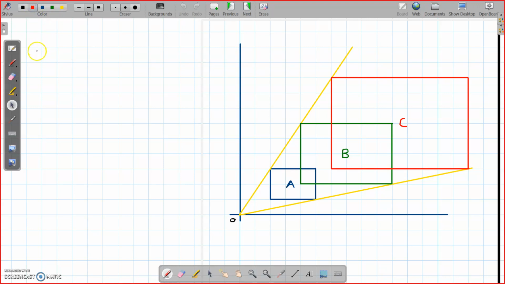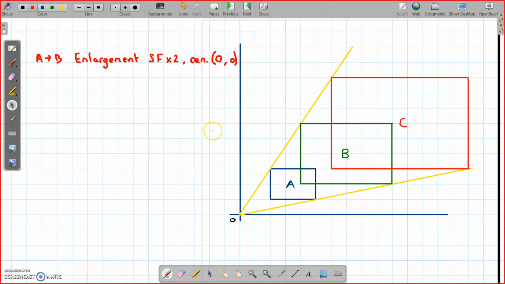So A to B is an enlargement scale factor 2, center 0, 0. Right, okay, so you're familiar with that.